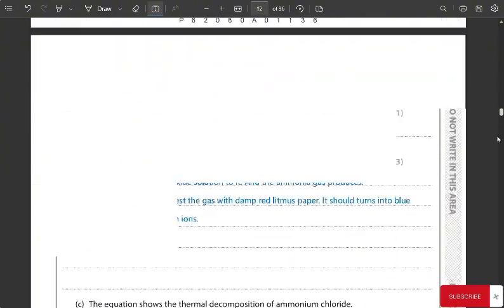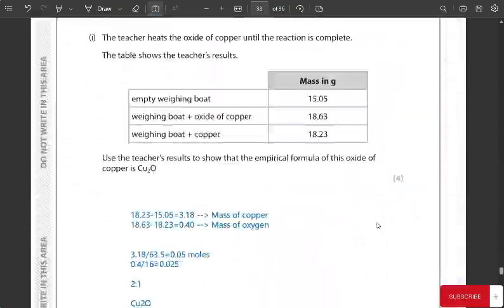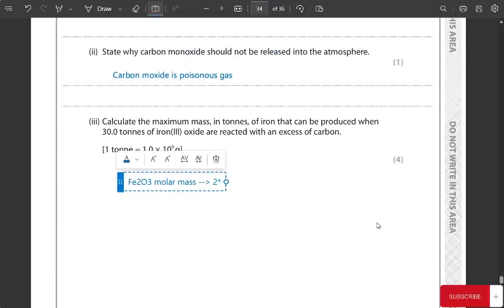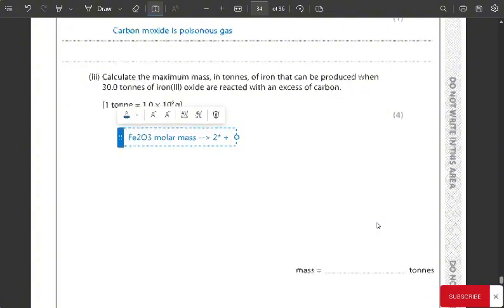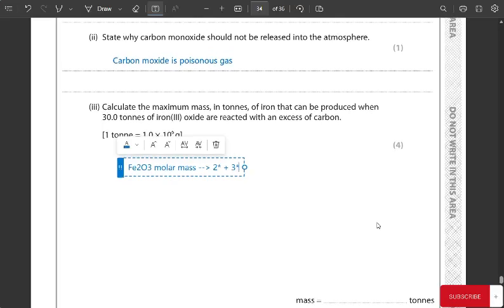It is 56. 2 multiplied by 56 plus 3 multiplied by 16, the molar mass of oxygen. And it equals 160 grams per mole.